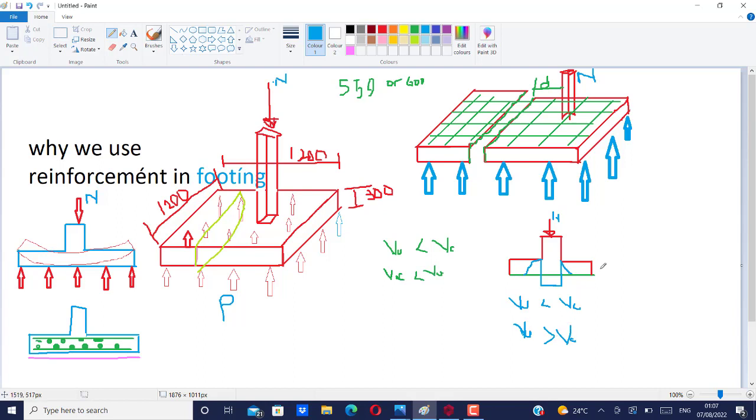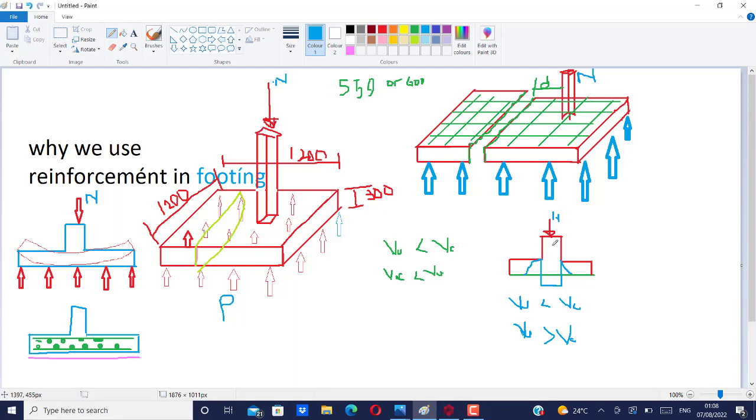If we have chosen 300 here, and we do our calculation and find out that VU is still greater than VC, we have to increase this, maybe to 350. You can increase it in multiples of 50. You check again from your calculation. If it's still failing, you move it to 400, to 450, and still check. You must make sure that you check punching shear.